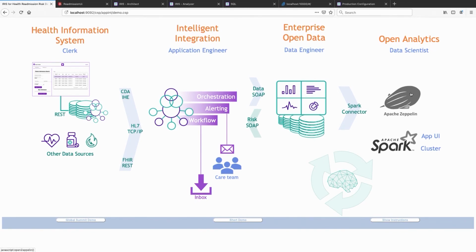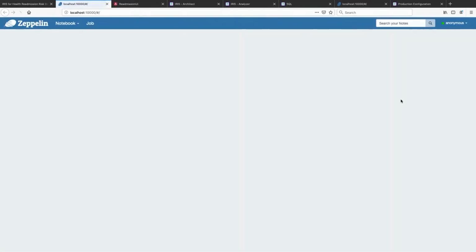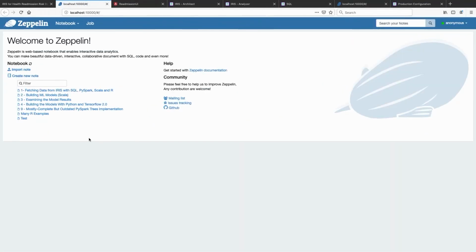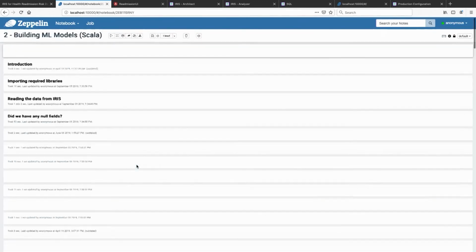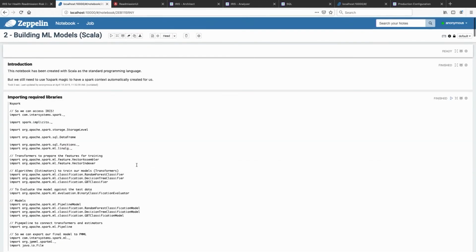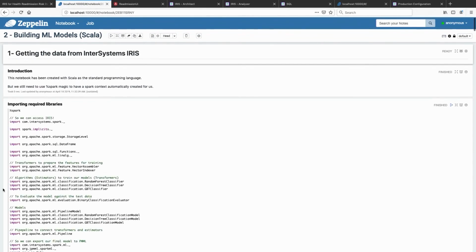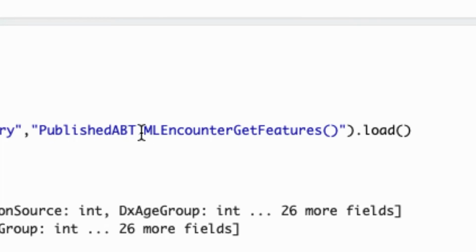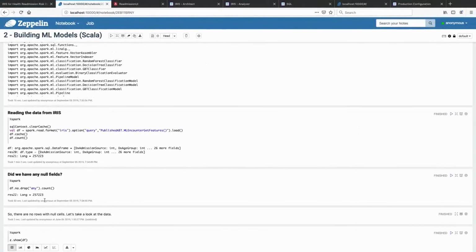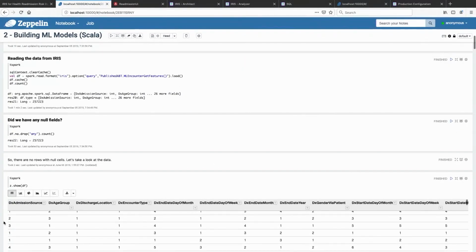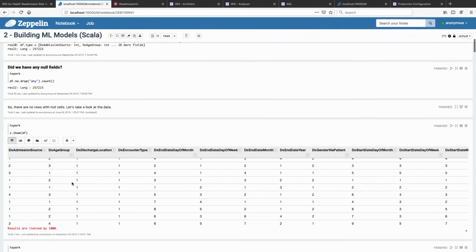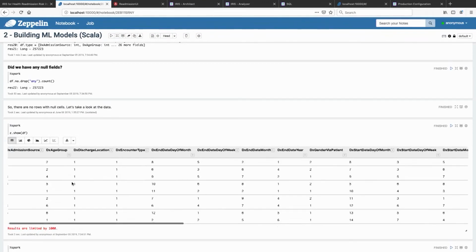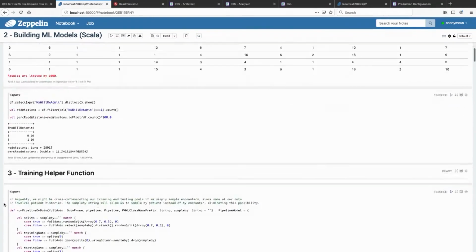And then the data scientist can come here with his tool of choice, like Zeppelin with Spark Cluster, and fetch the data. So here the data scientist used Scala, and he fetched that data, and he looked at the data, the ABT, the analytical base table here, and he kept going.